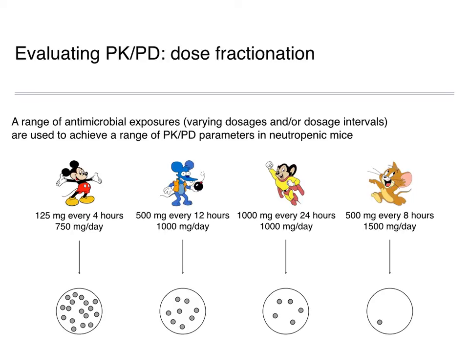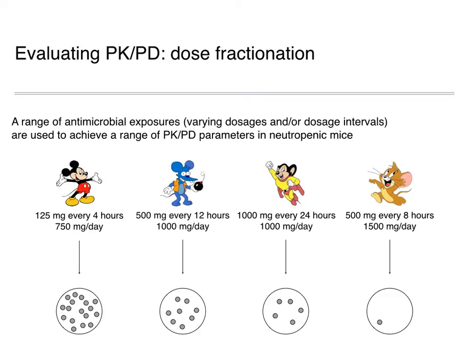So can I use that data to figure out the PK/PD parameter that made you live and you not live? You can't, right? Because the peak would change, the AUC would change, you'd have a higher AUC over here compared to over here. And then the time above the MIC would also change because essentially you're starting off at a higher peak, and so given the same half-life, you're going to take a longer time to get down to that MIC.